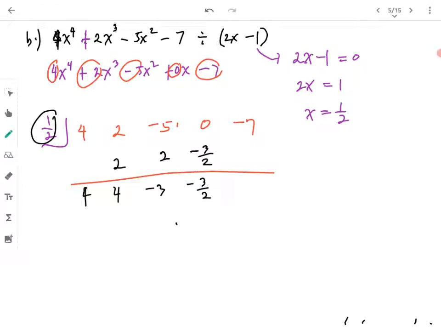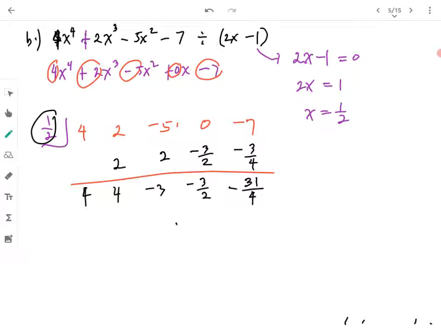Multiplying 1 half and negative 3 over 2 again, you'll have negative 3 over 4. Adding negative 7 and negative 3 over 4, you have negative 31 over 4. So the negative 31 over 4 becomes our remainder.